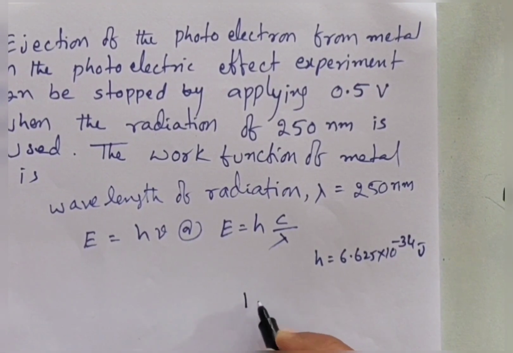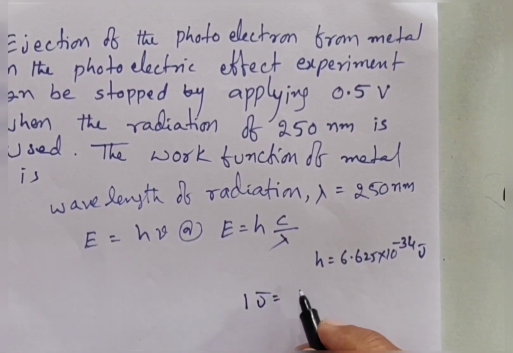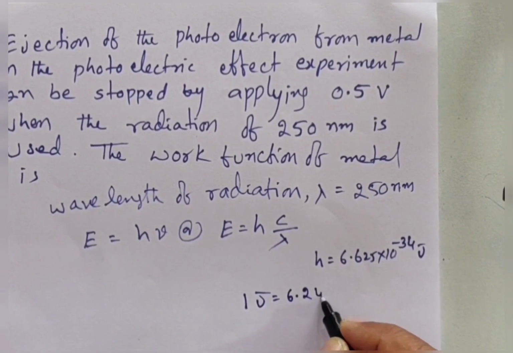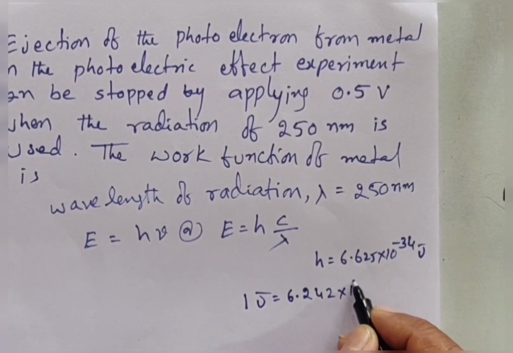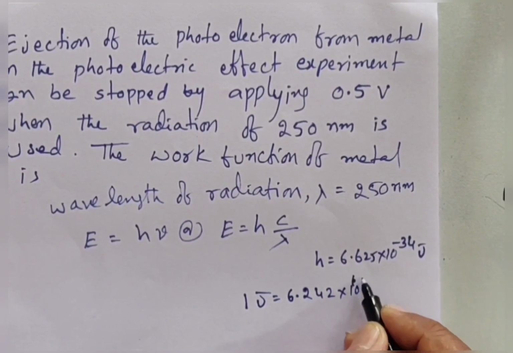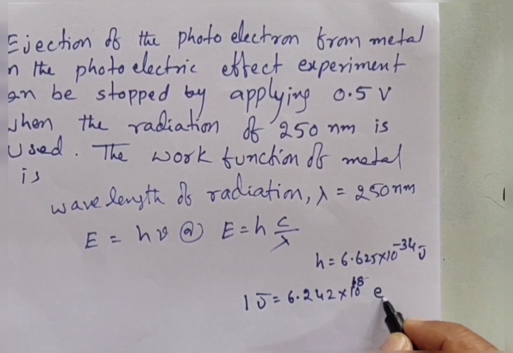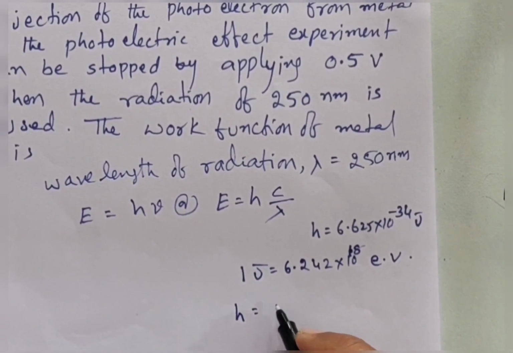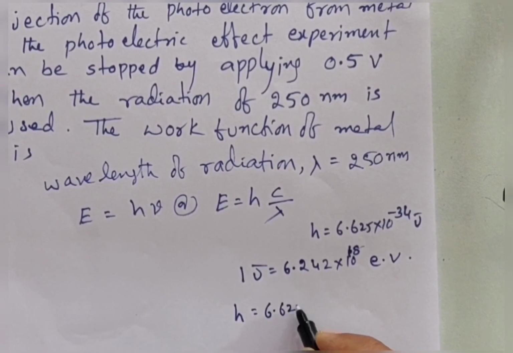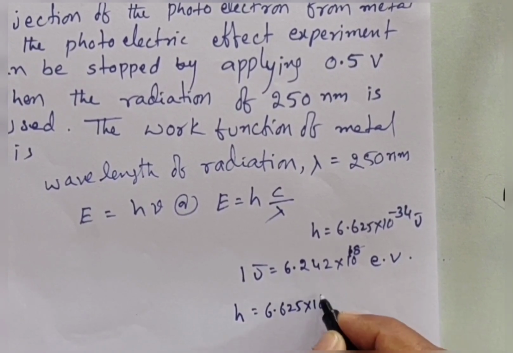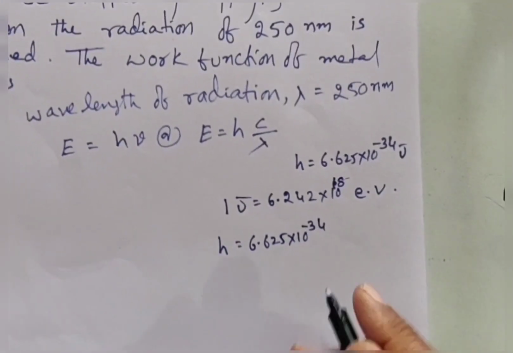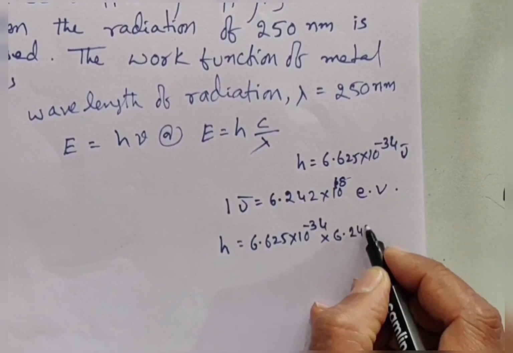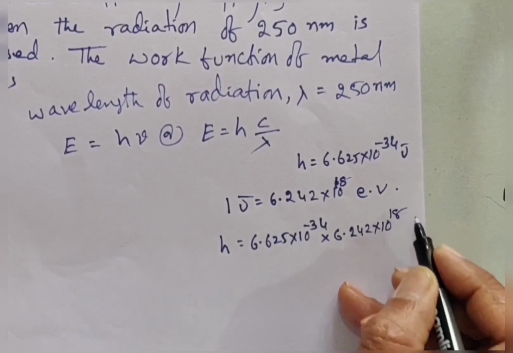Then 1 joule is equal to 6.242 into 10 power 18 electron volts. Then h value is equal to 6.625 into 10 power minus 34 into 6.242 into 10 power 18 electron volt.